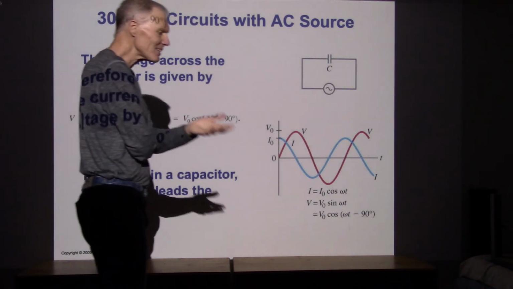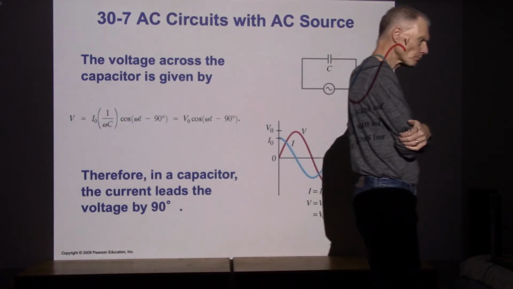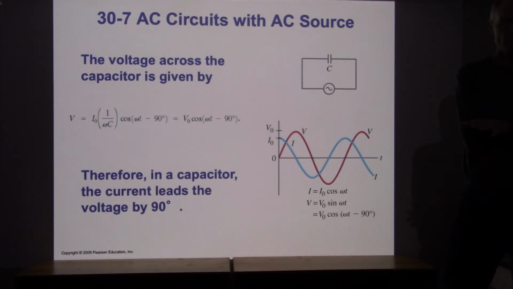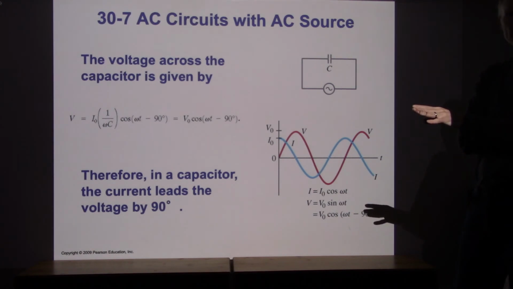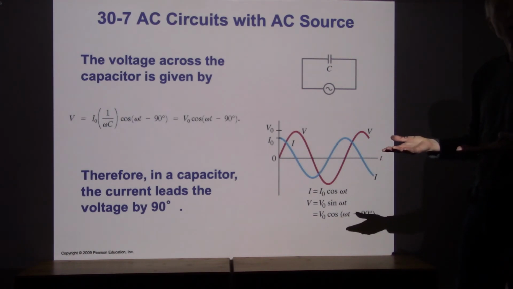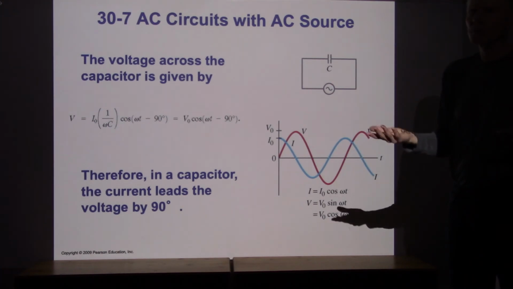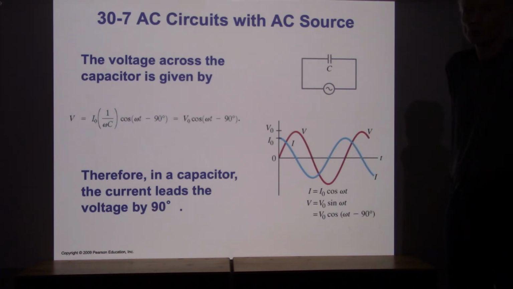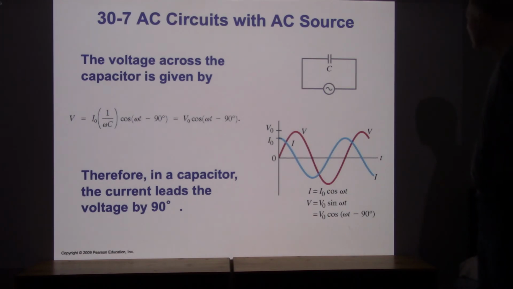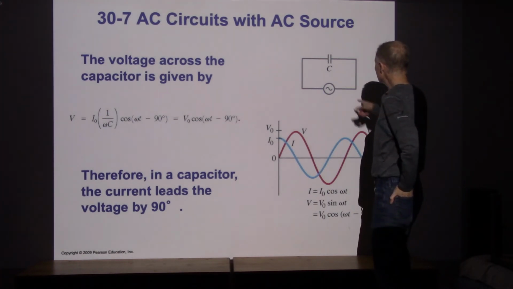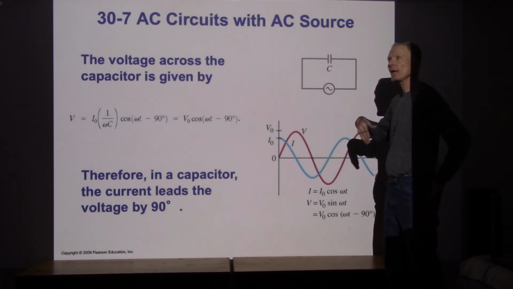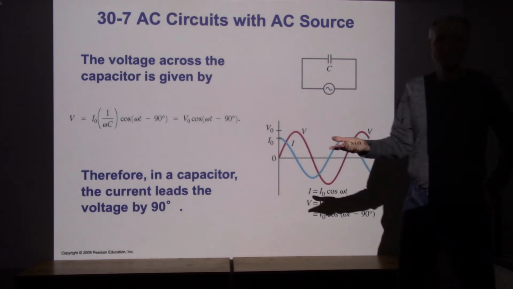Now, it is the case that for a capacitor, the best way not to notice a capacitor is to have a really high frequency. If I have a really high frequency, the capacitor doesn't really have much time to charge. And as a result, the capacitor does not create much resistance.